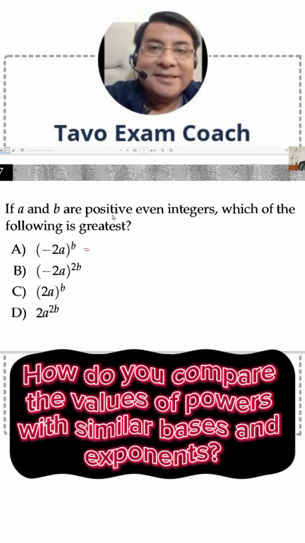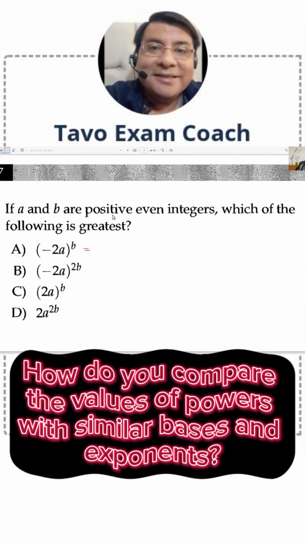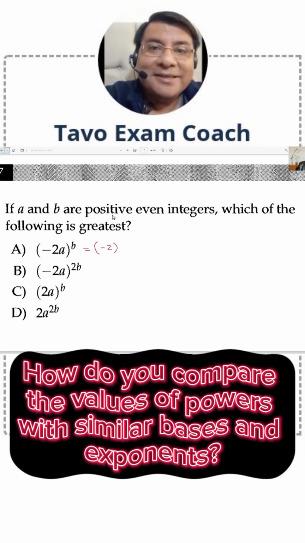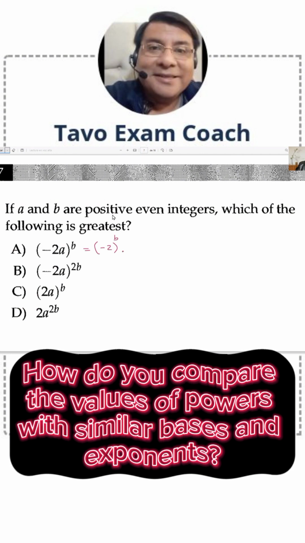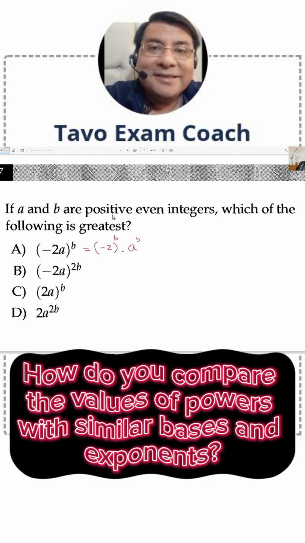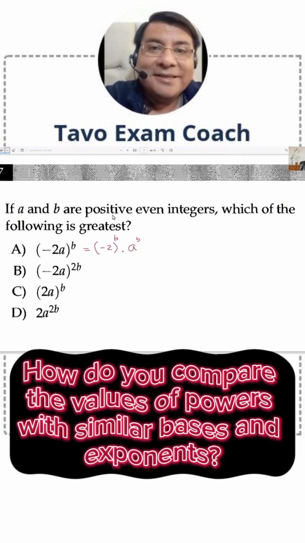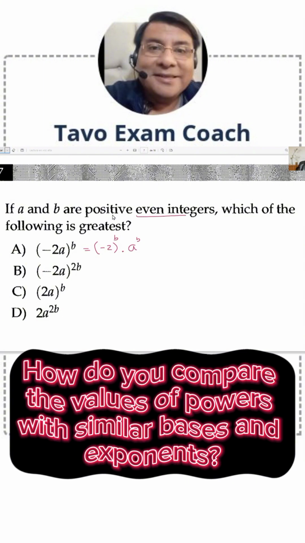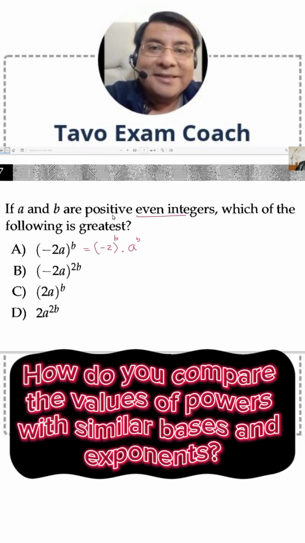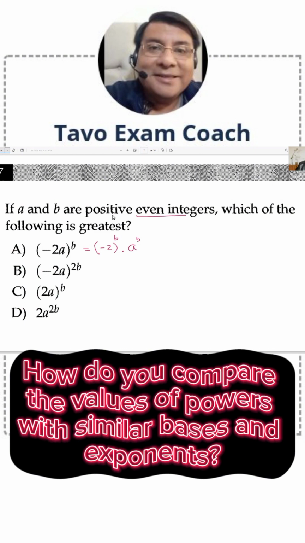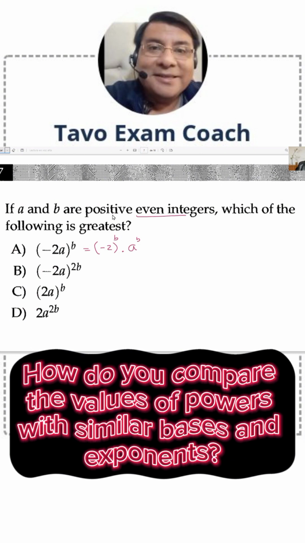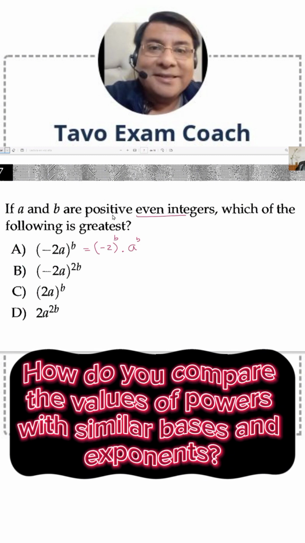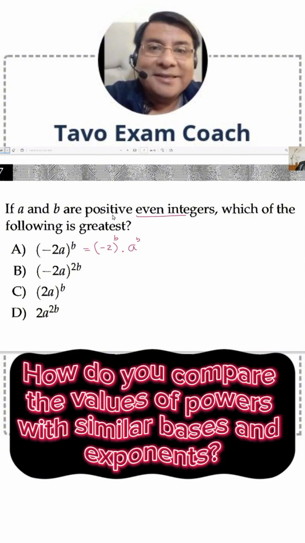It is a power of a product, so we can apply exponent b to each of the terms: (-2) up to b, times a up to b. But consider this: since b is an even integer, every time you raise a negative number to an even exponent, the negative sign of the base disappears because of the rule of signs in the multiplication of real numbers.